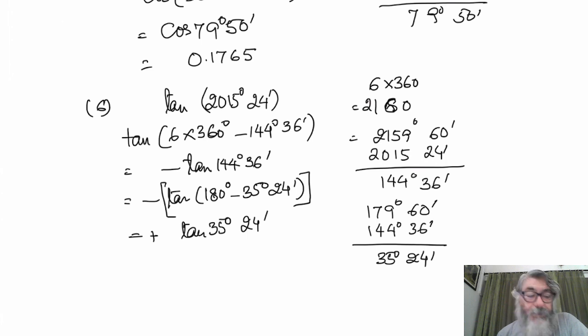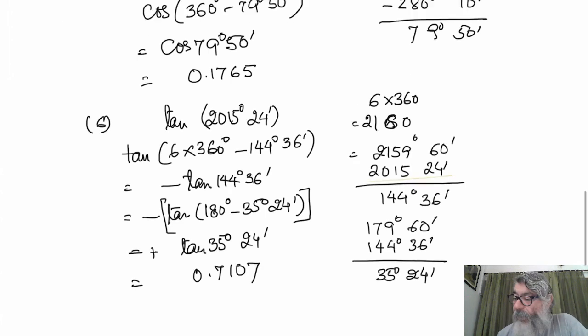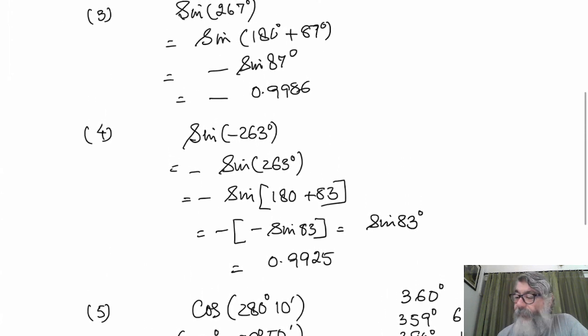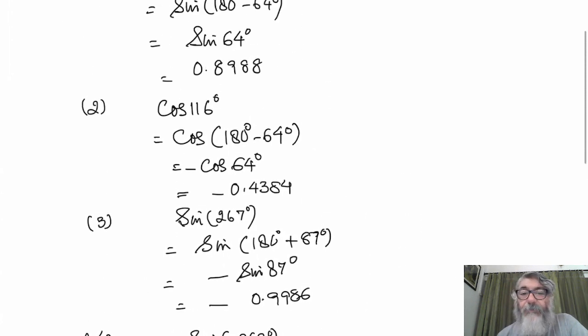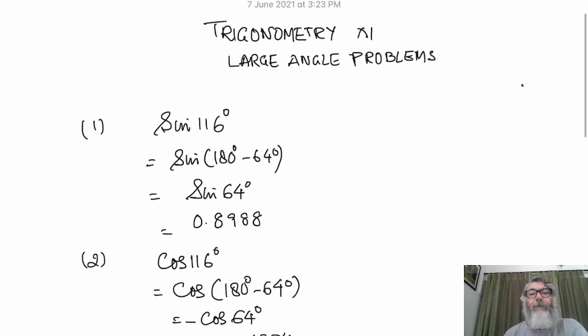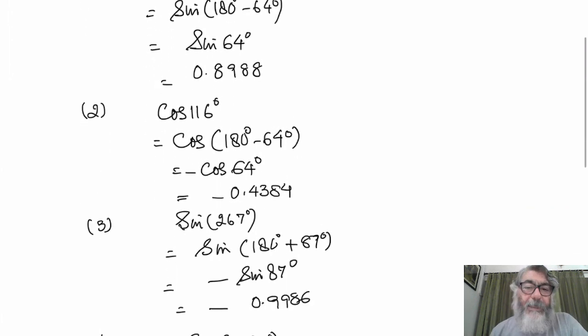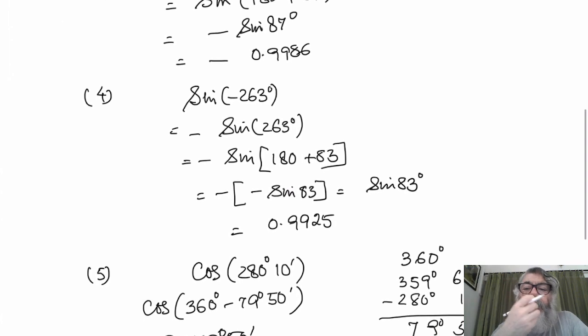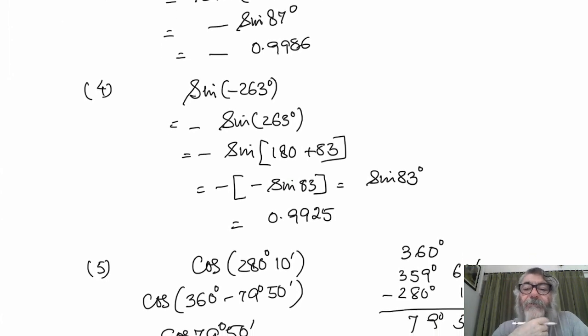And when you see its value, it is 0.7107. So I have shown you how we calculate the values using the multiples of 180 or multiples of 360.